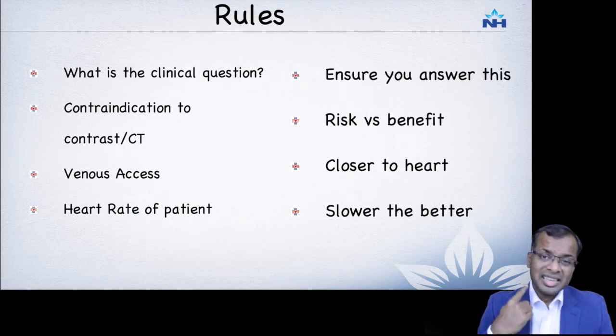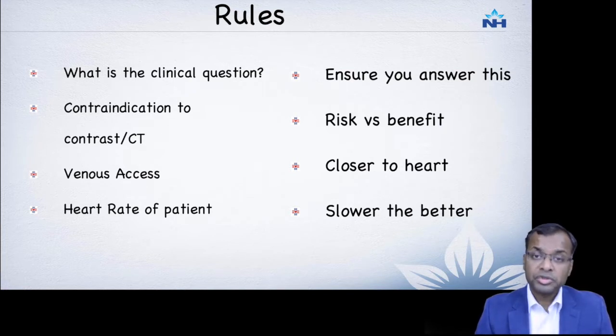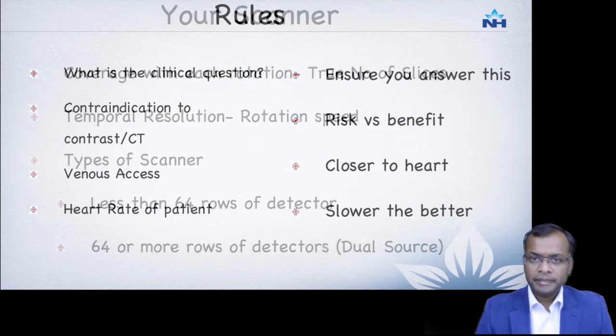But central lines are not necessarily good because you cannot inject contrast at a high rate through central lines. They often burst. So although the central lines are within the heart itself, they are not great for giving a high infusion rate of contrast. Also, whatever imaging you're trying to do, a slower heart rate is better.